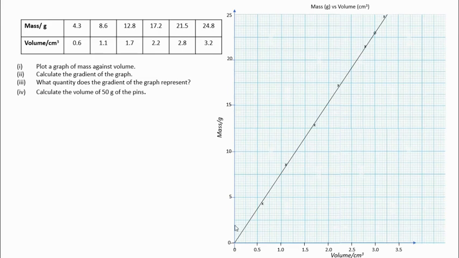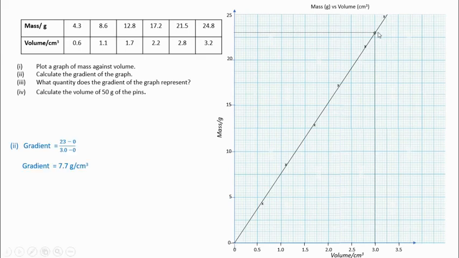Gradient of the graph, choose your points. In this case, I chose 1 point here, and I chose to use the origin, the 0, 0, because I'm sure that the line must pass through 0, 0. So I chose the origin as one of the points to use to find the gradient.